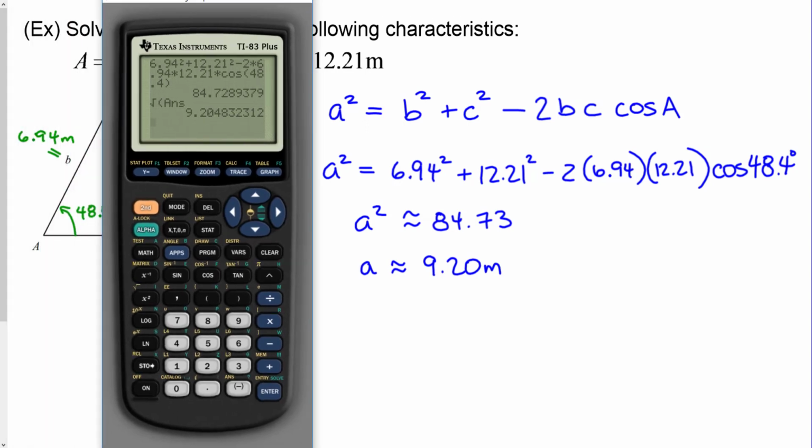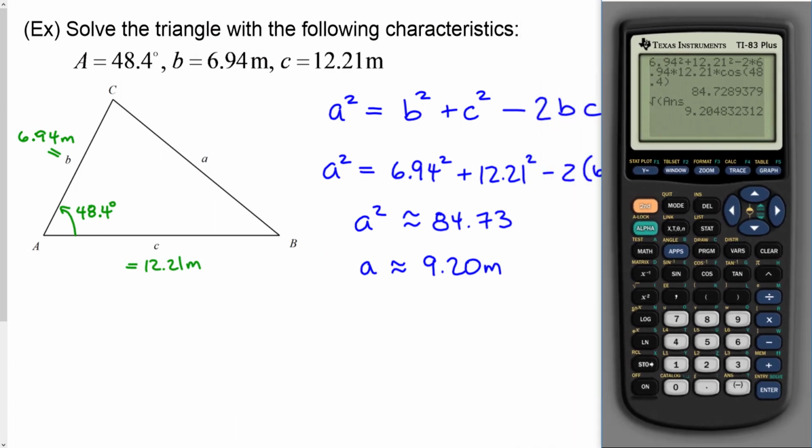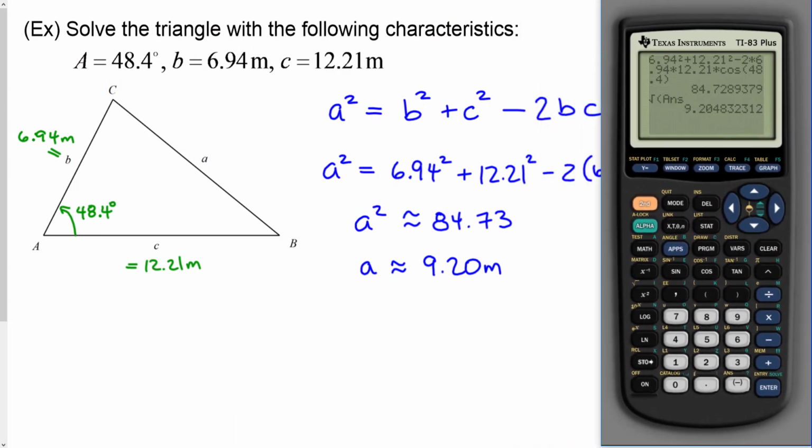All right, let me move my calculator back out of the way. That's good. And now what we have is side A, which is about 9.20 meters. Okay, and I wrote that in blue. I wrote the given information in green, just because if you can solve a triangle without using anything that you solved for already, just using given information, that's the way you should go about it.